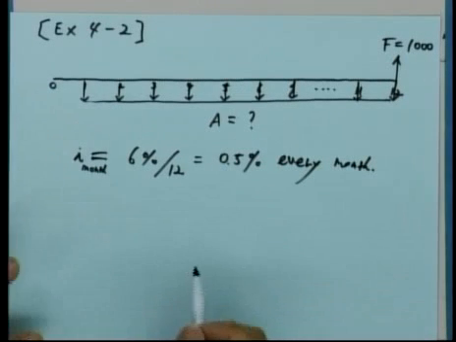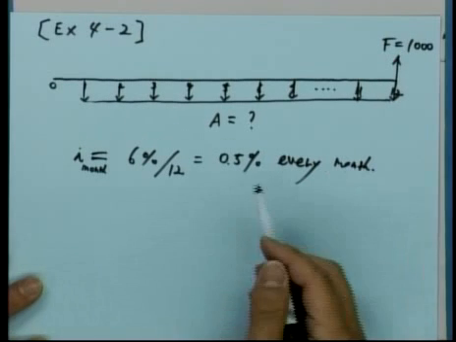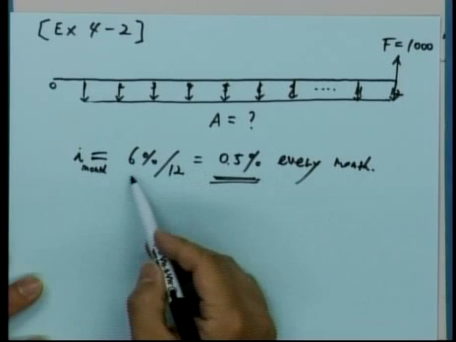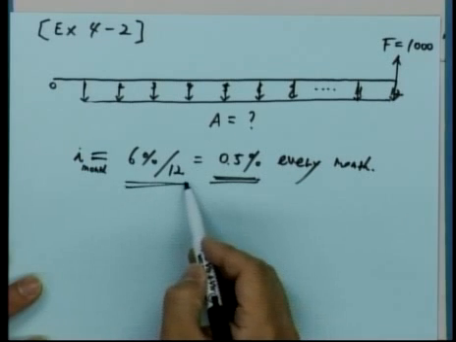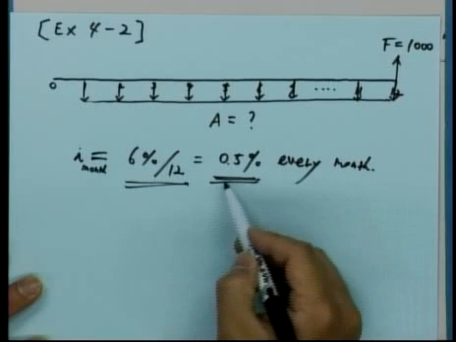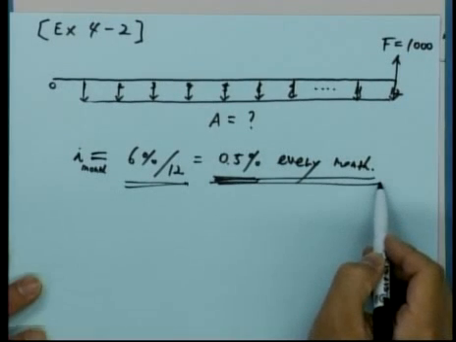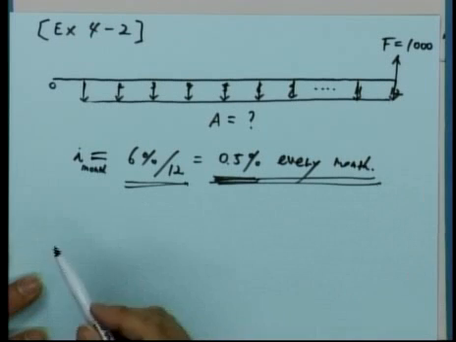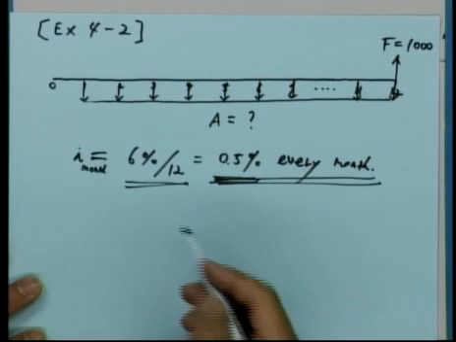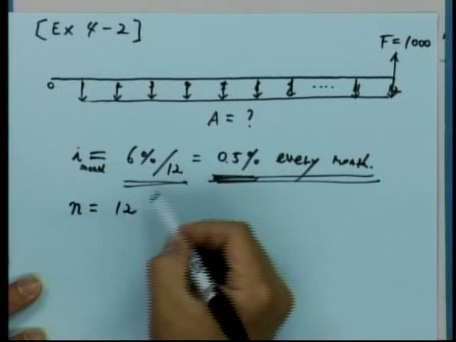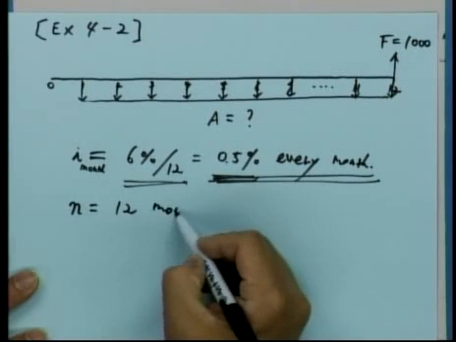Because it does say 6% interest compounded monthly. So this means that the bank pays 0.5%, which is 6% divided by 12 months, every month, okay? The bank will pay 0.5% every month. And since there are 12 months in a year, the N becomes 12 months, okay?